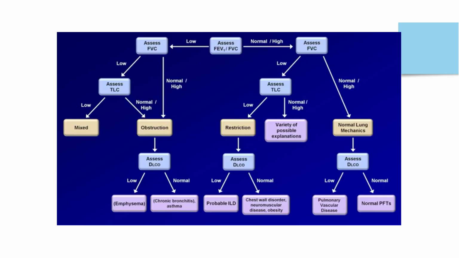If the DLCO value is normal, then we will call the obstruction due to chronic bronchitis or asthma. Similarly, in restrictive lung diseases, if the DLCO value is low, the cause of restriction is probably interstitial lung disease. But if it is normal, then chest wall disorders, neuromuscular disease, or obesity may be the cause.